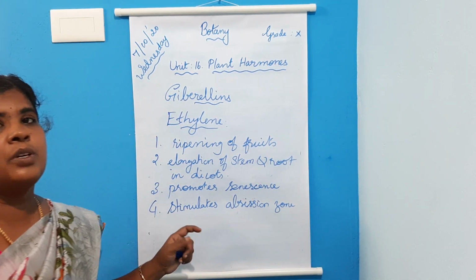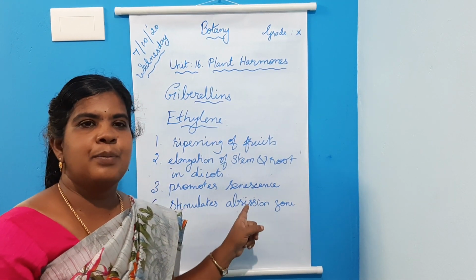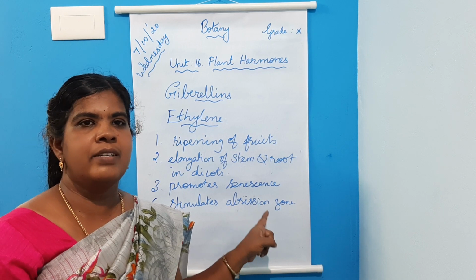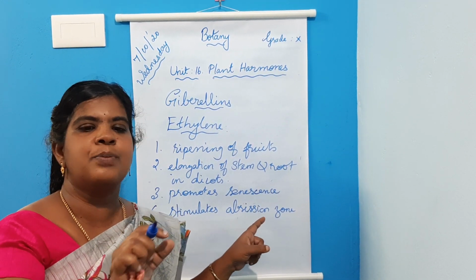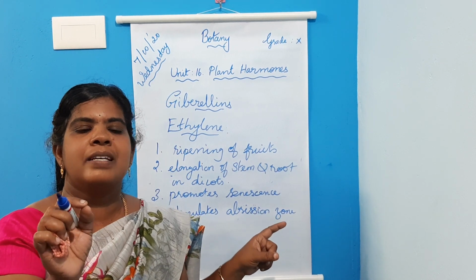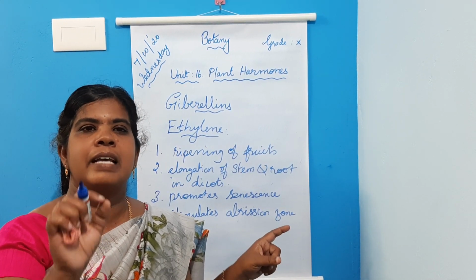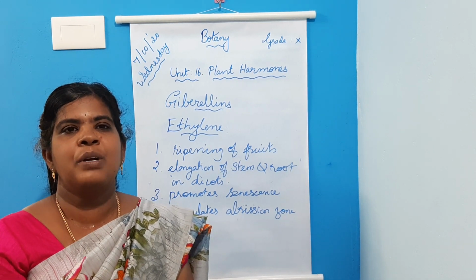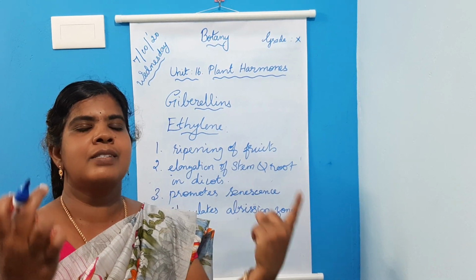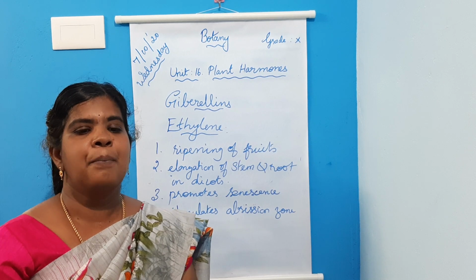What is abscission? Separation of leaves, flowers, fruits from the branch. If an abscission zone is formed in plant parts such as leaves, flowers and fruits, it may lead to premature shedding. Before attaining maturity, these parts may fall from the plant.